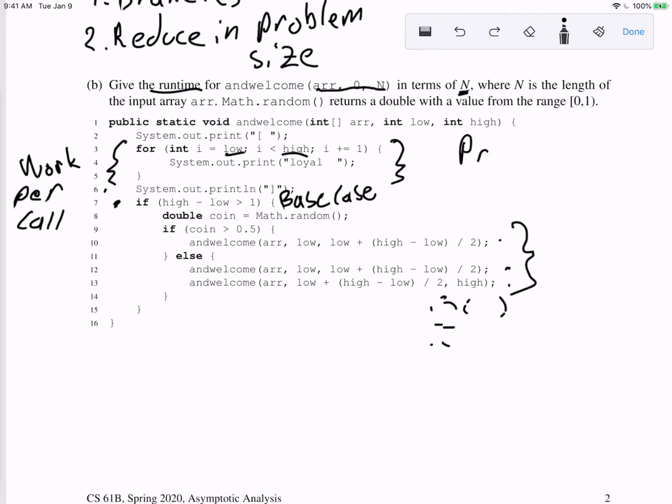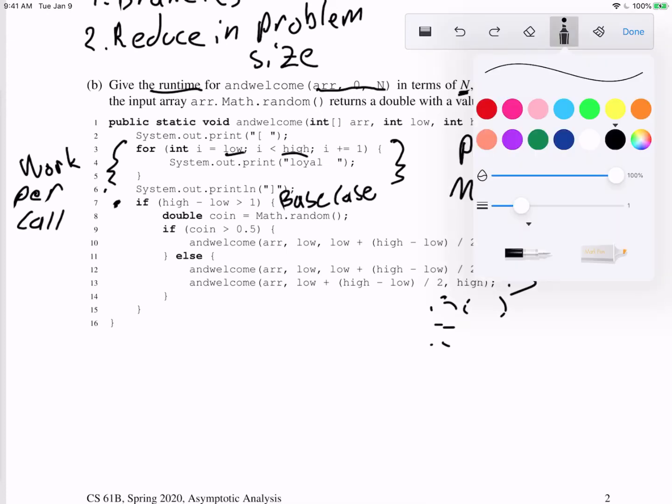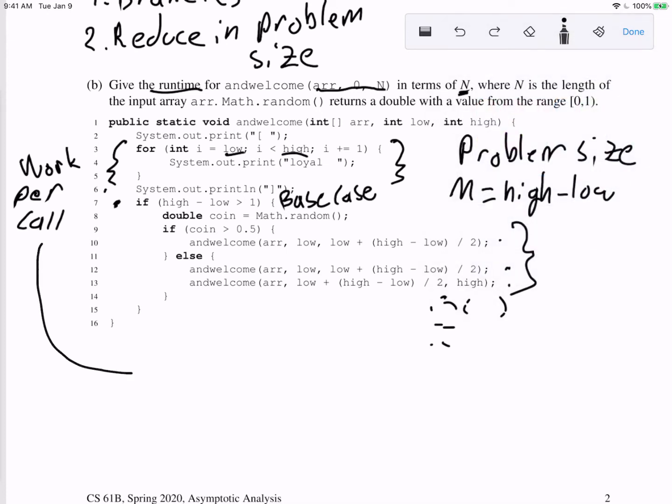Problem size, let's call it m, and it's going to be high minus low. With that in mind, we know that this work per call is theta of m. I'll drop the theta here.